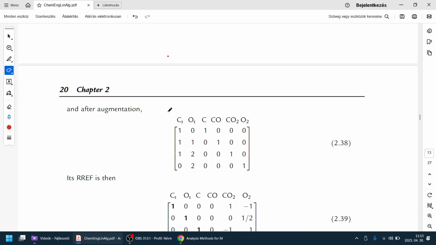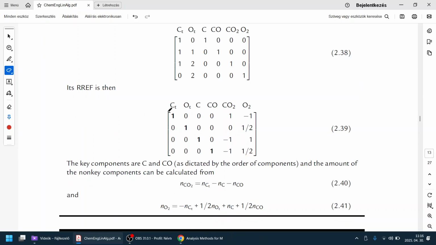Here I see, what's CT versus just carbon? What does CT mean? The total, yes, total amount, that's fine.